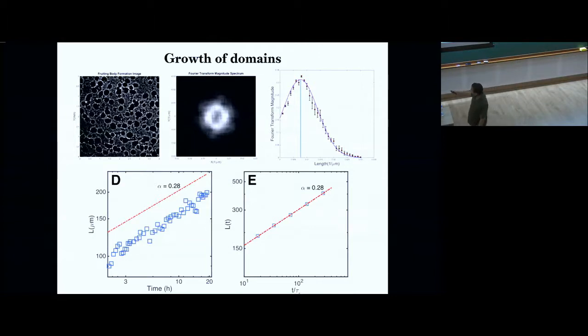And here's a plot from the experiments of this length scale that we extract from images like that of the movie, and you get a period of time during which this grows in a power law manner, and it's close enough to a third, which is what we see, which is what we expect in passive 2D systems for phase separation, and that's also what we get in our simulations with these active Brownian particles, right?